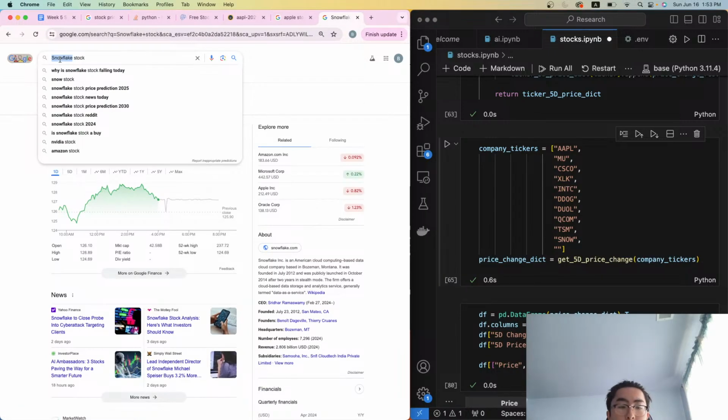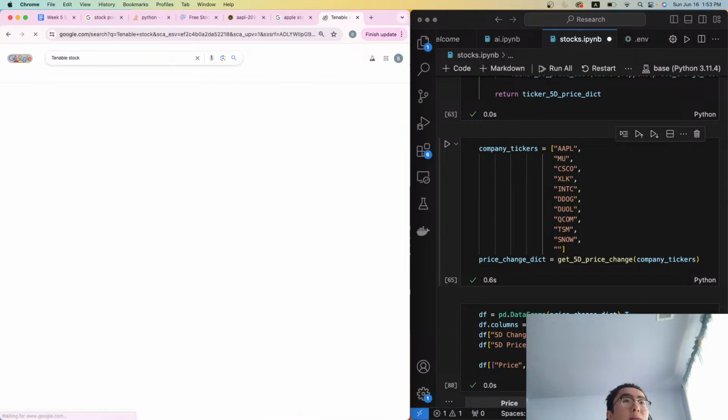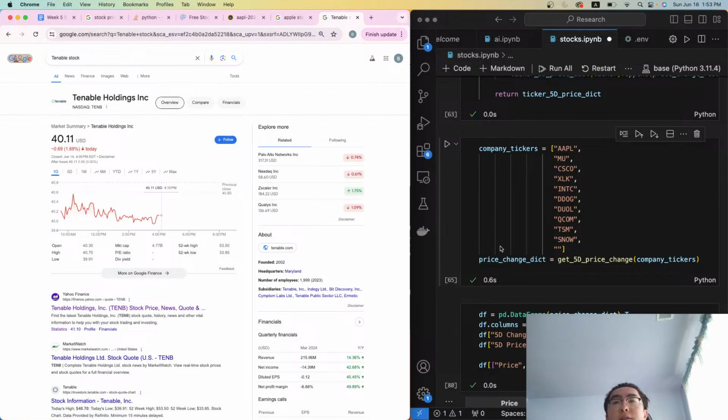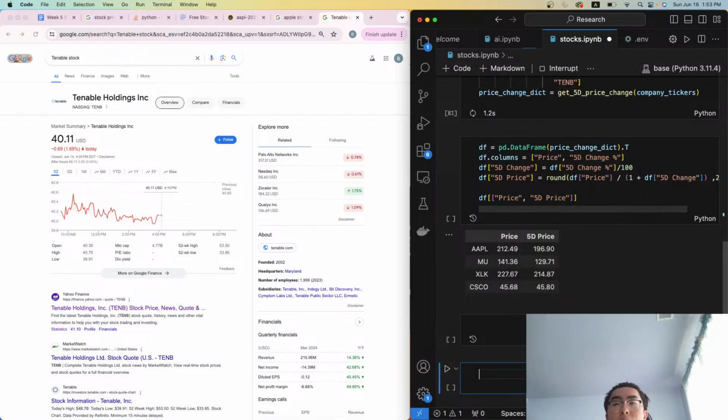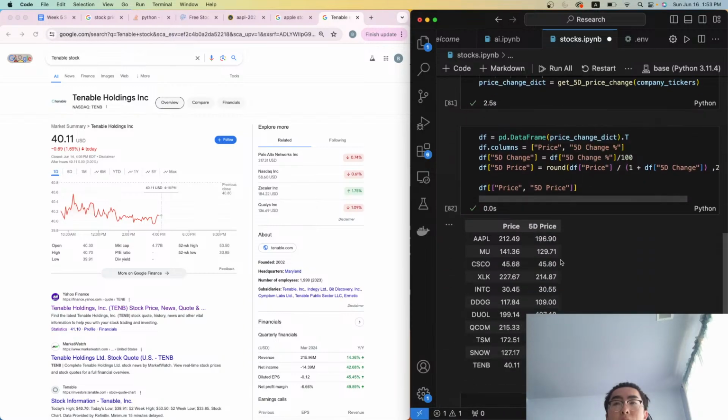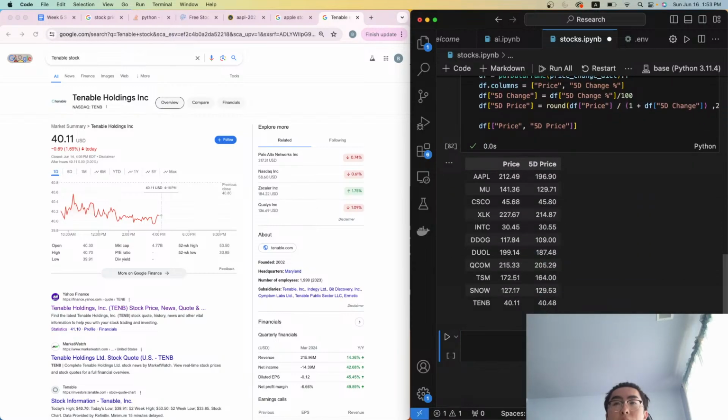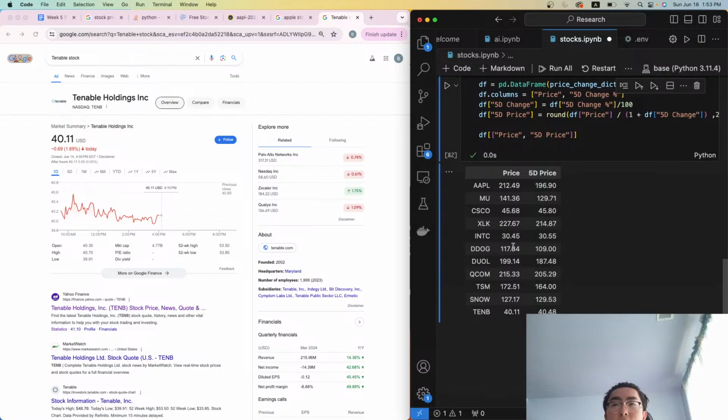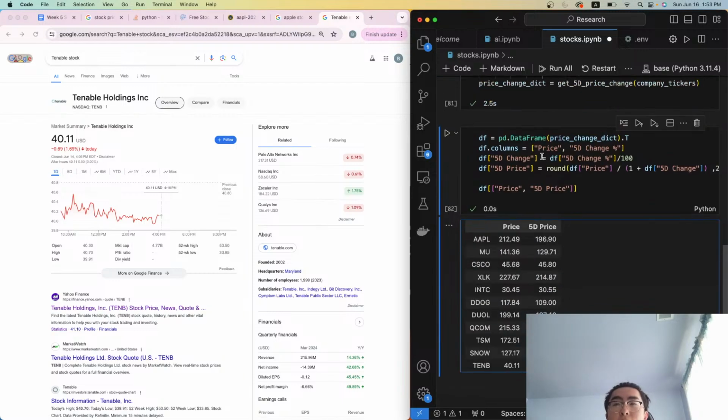Okay, and then Tenable, TENB. Yeah, okay, this is very nice. I can just copy this instead of having to manually get it.